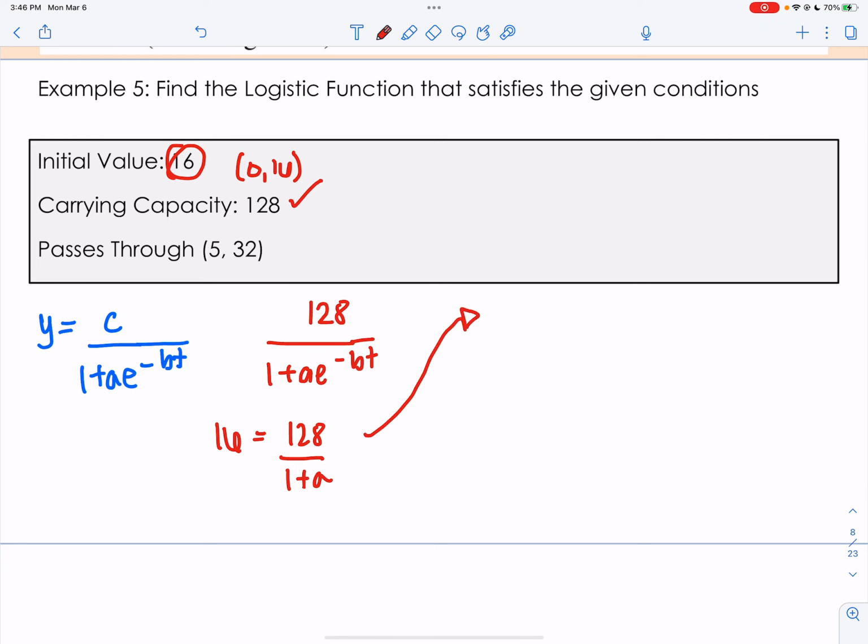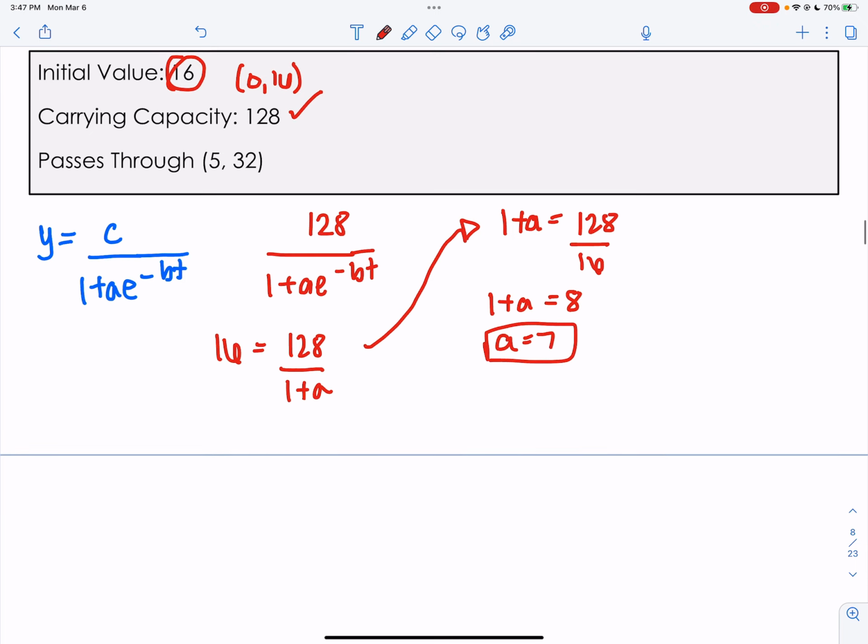So now I have 1 plus a is equal to 128 over 16. 128 over 16 is 8. And then if I solve for a, it's 7. So we know now that I have 128 over 1 plus 7e to the negative bt.